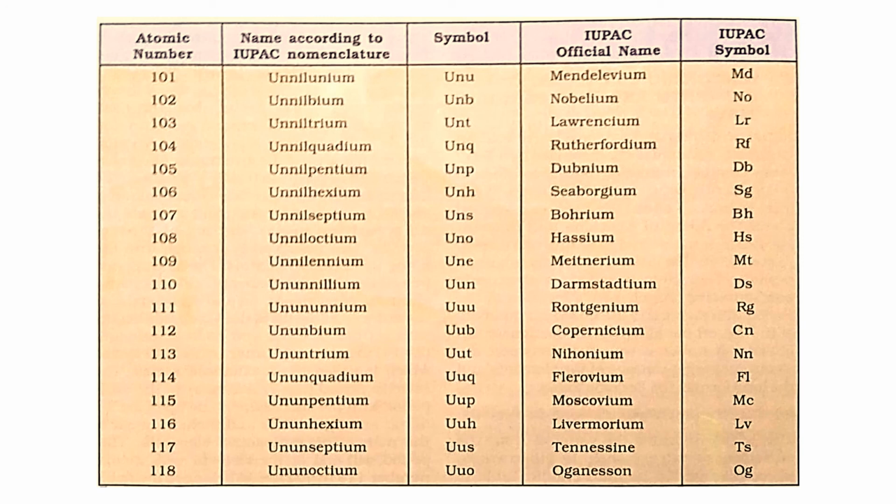As of now, elements with atomic numbers up to 118 have been discovered. Official names of all elements have been announced by IUPAC. This table shows the IUPAC nomenclature of elements with atomic number above 100. Students, do practice writing the IUPAC names of these elements using roots and their corresponding symbols. That is what is required from you at this stage.